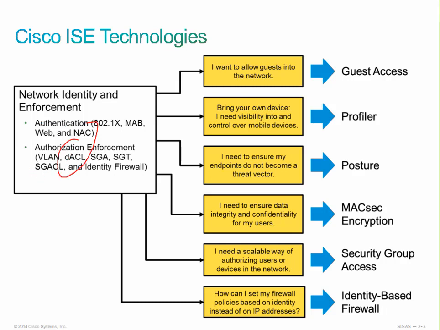Are we going to assign a downloadable ACL, some sort of security group configuration using Cisco TrustSec, security group access with security group tags? Are we going to apply some security group ACLs? And then also provide some firewalling features as well.